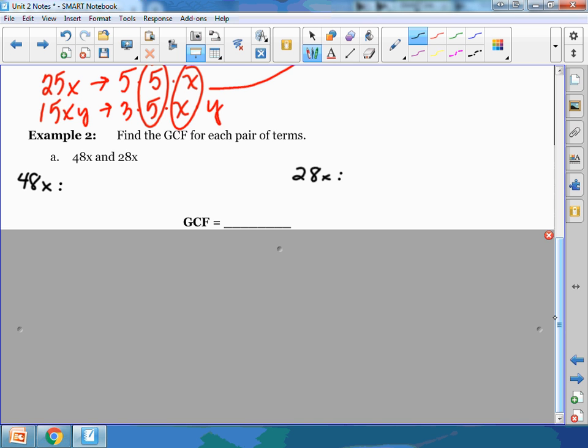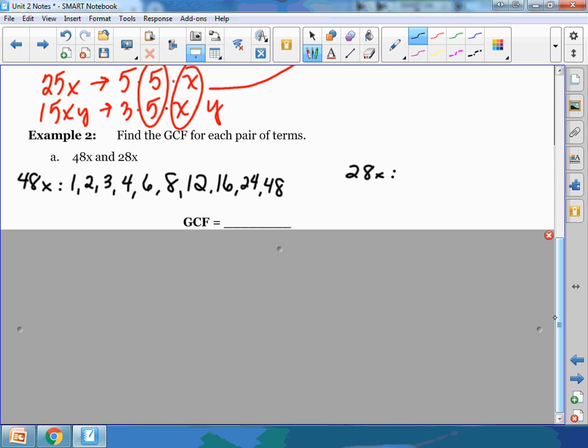So I'm thinking 48. I go 1, 2, 3, 4, 6, 8, 12, 16, 24, and 48. A lot of terms, a lot of factors there.